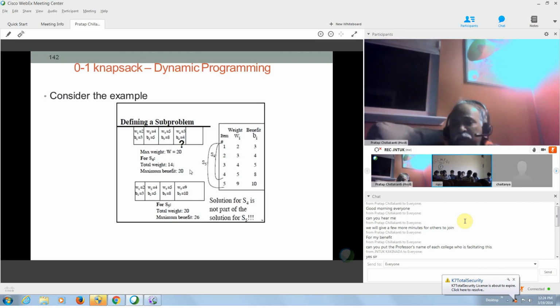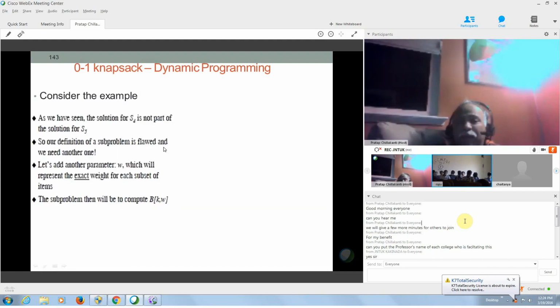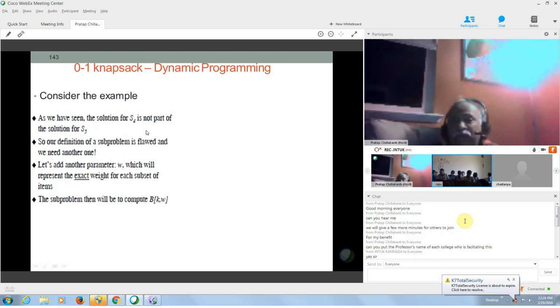With the right subproblem is where you arrive at an optimal solution. Remember, the solutions of subproblems should be part of the overall solution, right? So we could not arrive at that when we did S4 and S5 because there's one factor, or a parameter, missing there.